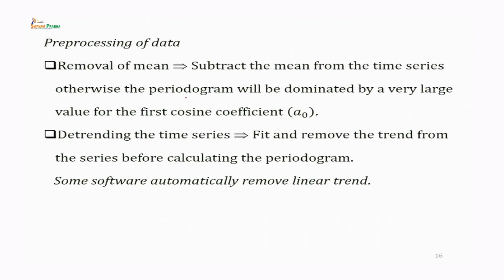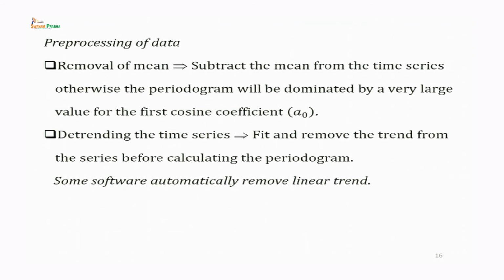The periodogram will be dominated by a very large value of the first cosine coefficient, means A naught. Basically, what is A naught? A naught is your intercept. A naught is not involved in any periodic component, or it does not have any periodicity. It is not at all connected with the periodicity. It is just the intercept.